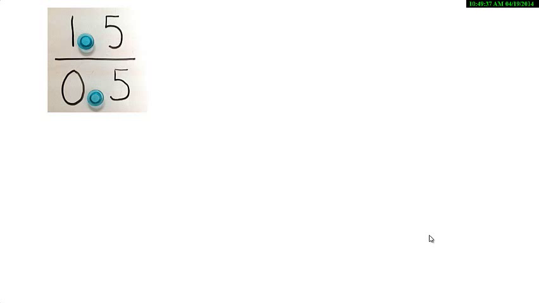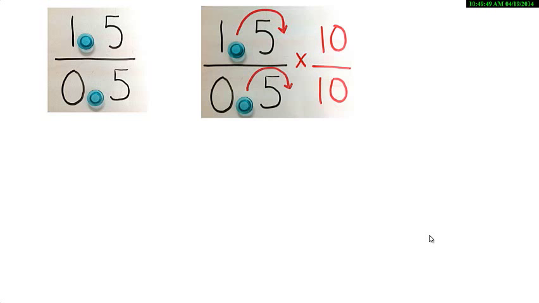That is, the decimal of the magnet moves 1 place to the right. So, if I multiply the numerator and the denominator of 1.5 by 0.5 by 10, my problem becomes equal to 15 by 5.